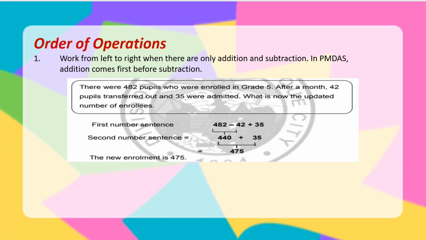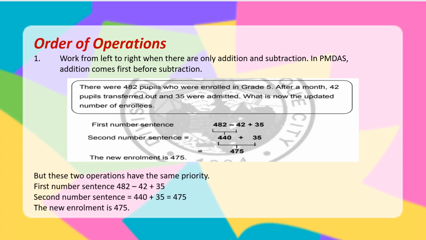For the number sentence, we're going to write 482 for the number of pupils enrolled in grade 5, then minus 42 for the pupils who transferred out, and then plus 35 for those who were admitted.